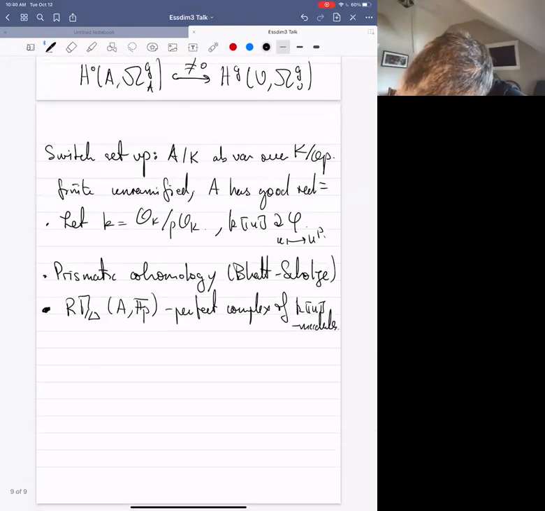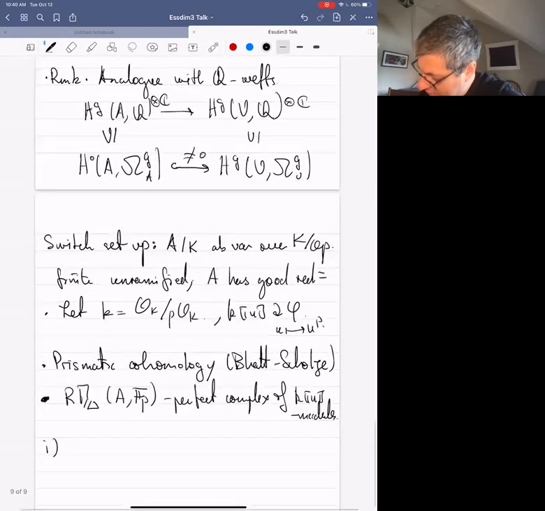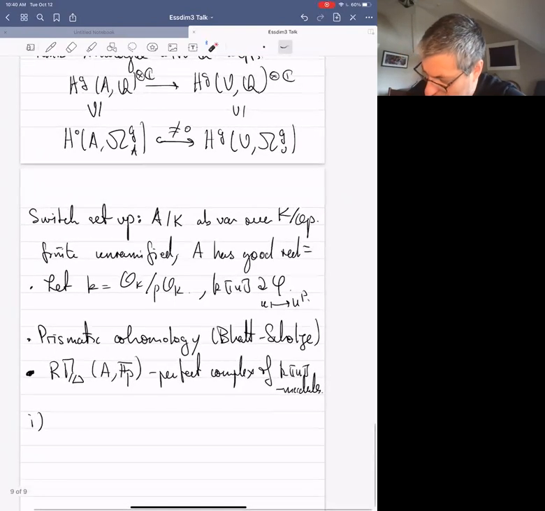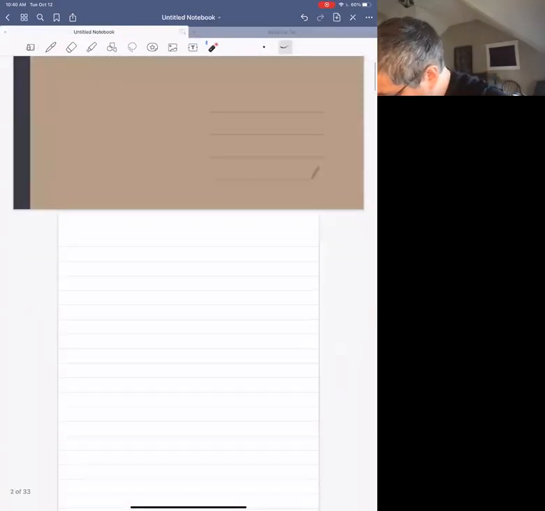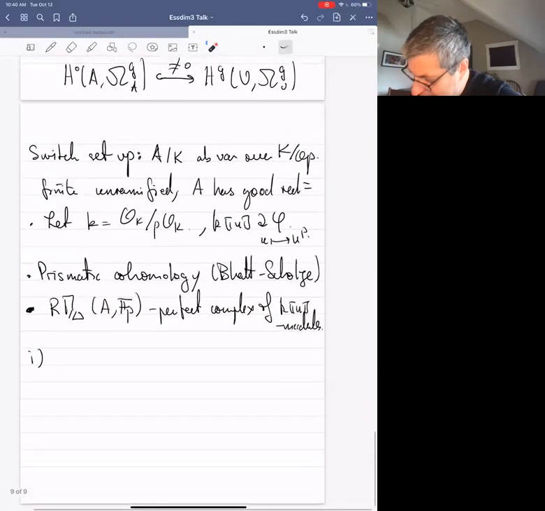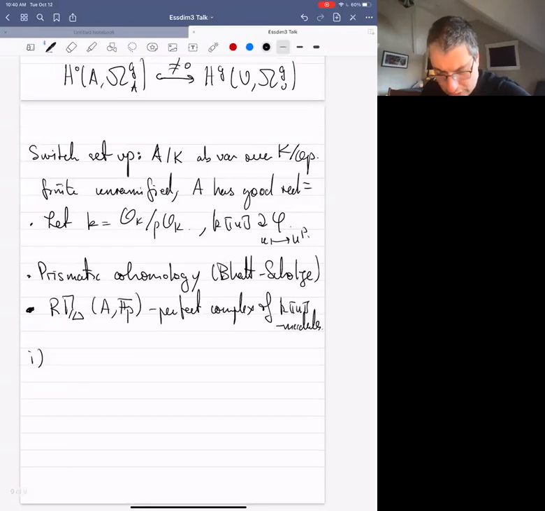And the magical thing about it is it kind of relates étale and de Rham cohomology. Okay. So again, you can kind of keep this in mind, but I'm going to tell you how it relates them.